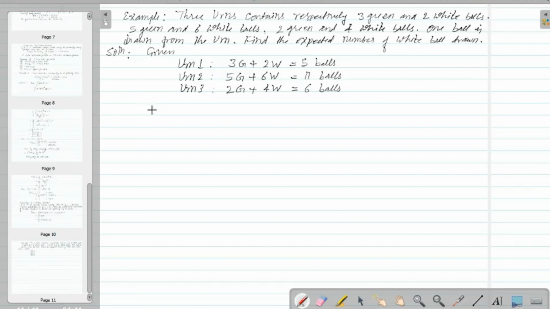Let x1 be the random variable, ball drawn from the first urn. So what will our expectation come out to be?